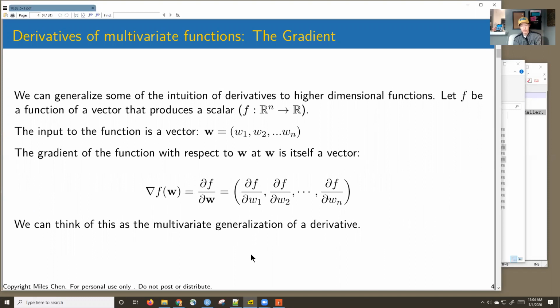The gradient of some function f with respect to w is a vector consisting of all of the partial derivatives with respect to each component in w. You can think of this as the multivariate generalization of a derivative.